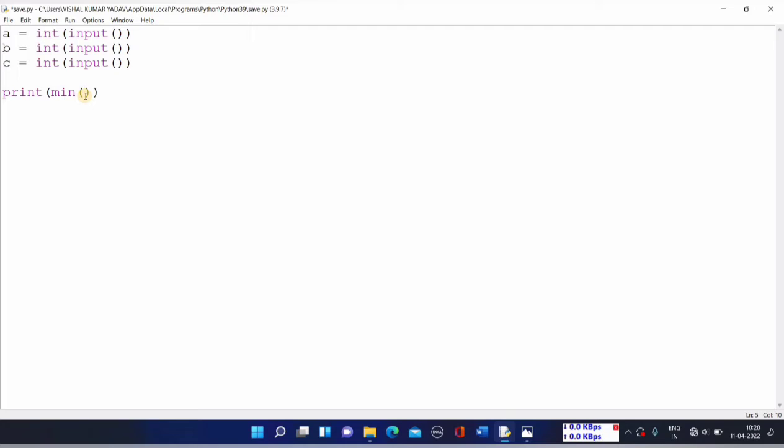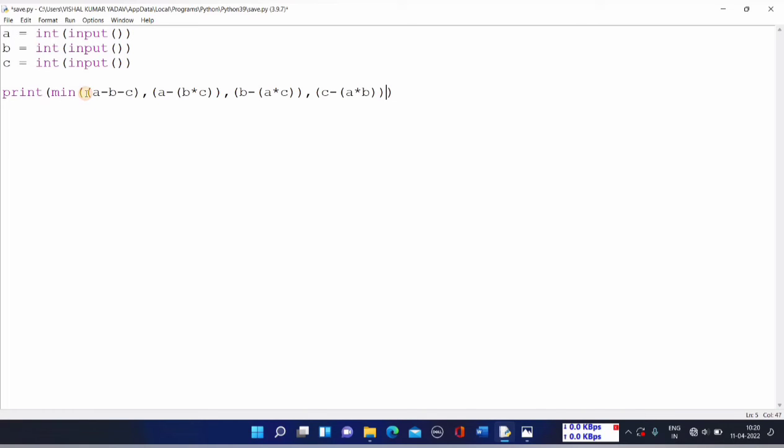So my first value will be a minus b minus c as I said. Now my next value can be a minus b star c, comma, b minus a star c. Similarly, c minus a star b.